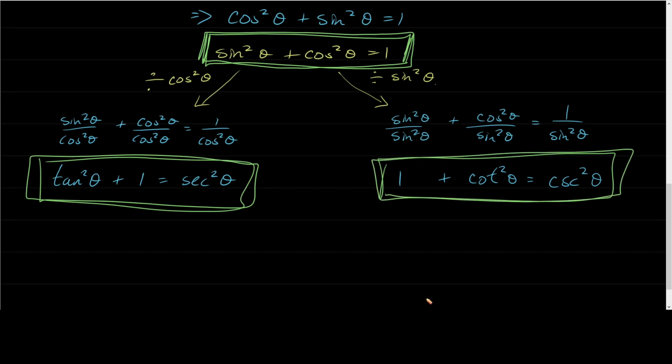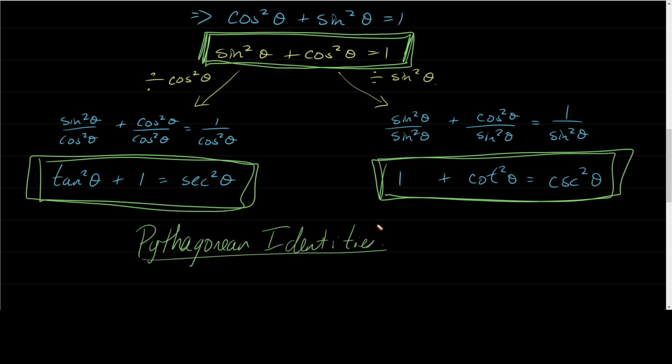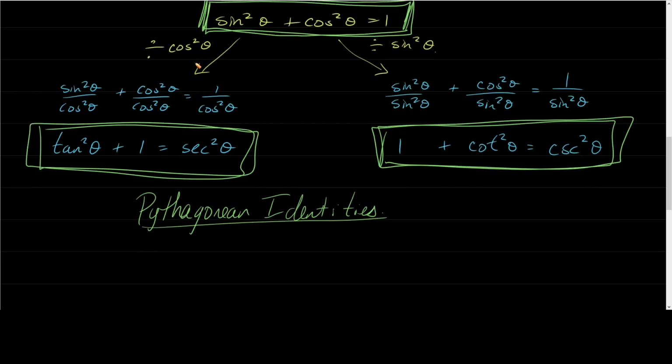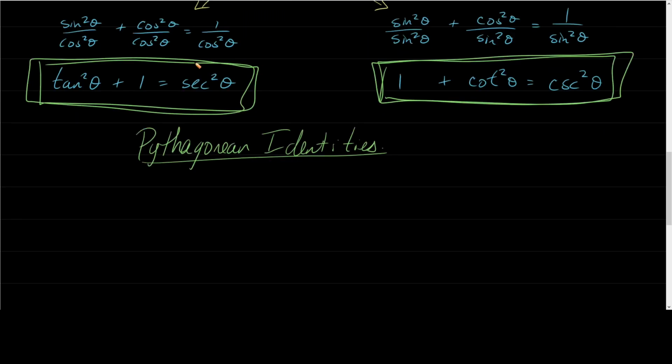Really, the only one that you need to remember, though, is the first one, sine squared plus cosine squared equals 1, because you can always come up with the other ones in the same fashion that I just did, by dividing by cosine squared or by sine squared. It is helpful to memorize them, though. So those are the Pythagorean identities.